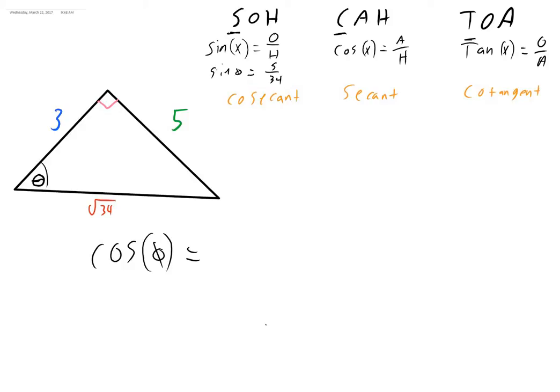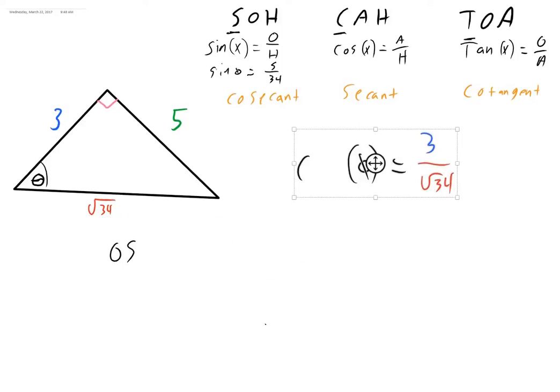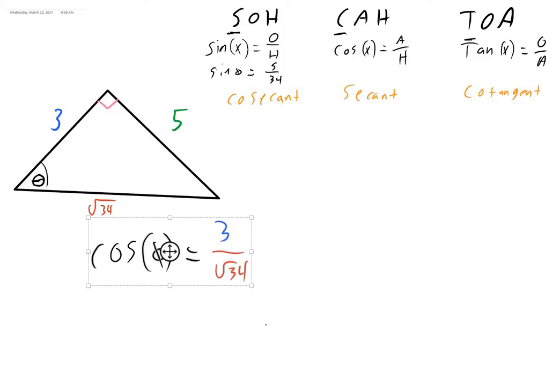So that must mean that our adjacent is going to be our blue 3 here. And then that is going to go over our hypotenuse of root 34. I was trying to do something fancy there. It didn't work out. So let me just rewrite it here. Cosine of theta in this particular question is now 3 over root 34.